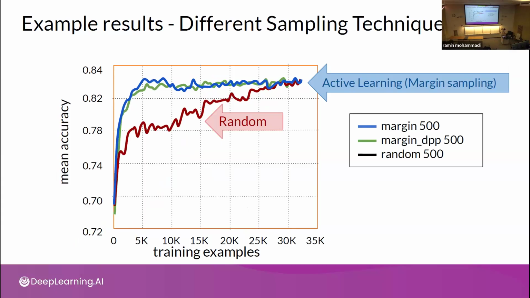With random training, it took 35,000 training examples to reach 84%. With margin sampling, after 5,000, they already reached 84%, because after that, whatever data point you're using is not actually useful for the training. So it tells you how it could boost your model training.